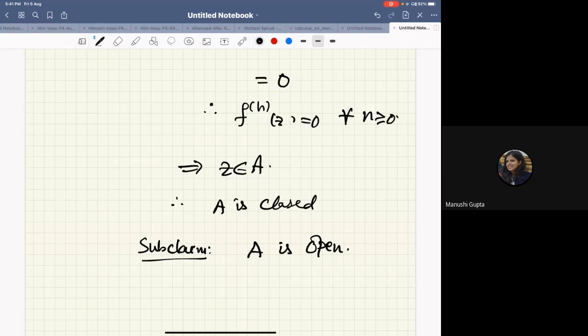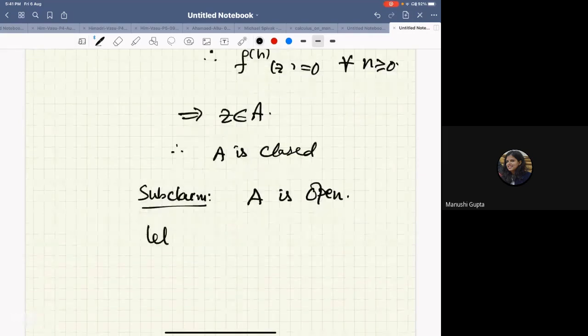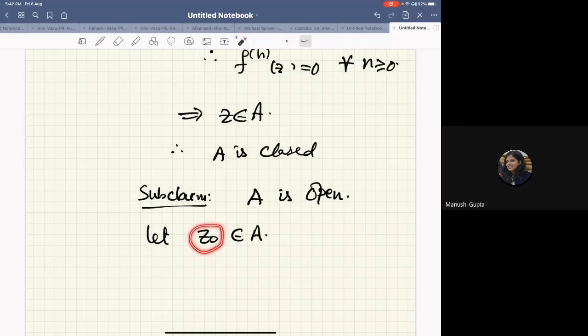A is open. So that means we will take an arbitrary point in A, and we will prove that there exists a neighborhood of this point which lies entirely in A. Since Z0 is an arbitrary point, A is an open set.